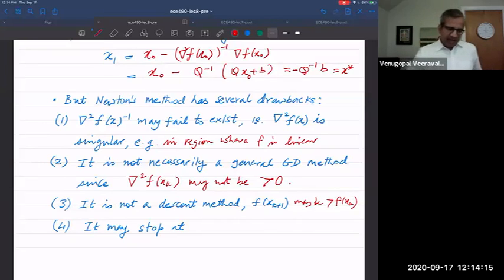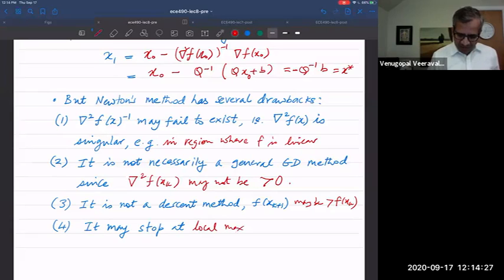And of course, just like any gradient-based methods, it may go to a local max. So all of these are not guaranteed to go to the local min, but although they're descent algorithms, they will tend to be attracted by local min, and that was the capture theorem that I referred to from the book a few lectures ago. So it could go to a local max or a saddle point.